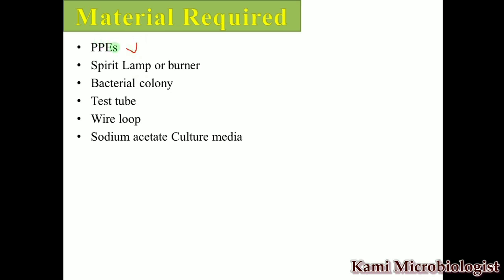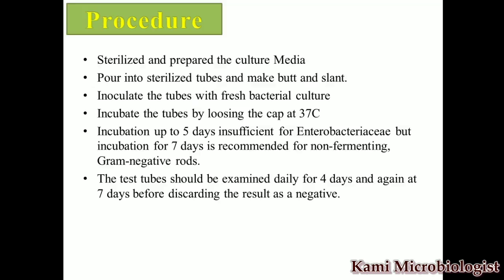All these things are included in the personal protective equipment. We need a spirit lamp burner, fresh bacterial culture, test tubes, wire loops or inoculating needle, and sodium acetate culture media. So all these things we need. There are some other materials but I forget, but the materials which I mentioned here are the important ones.